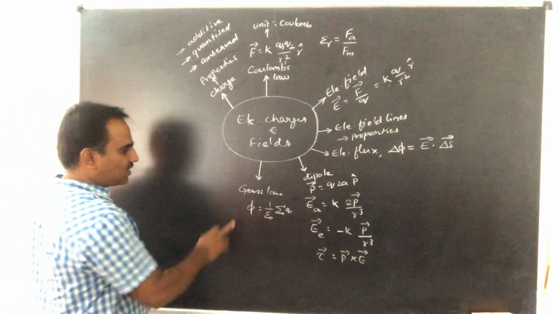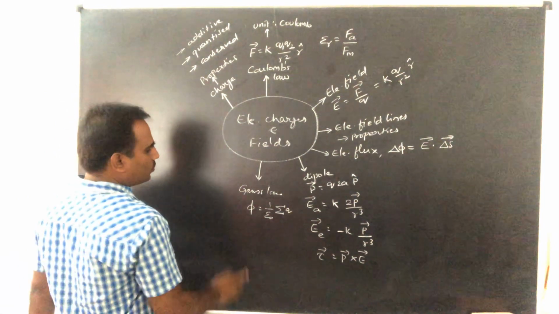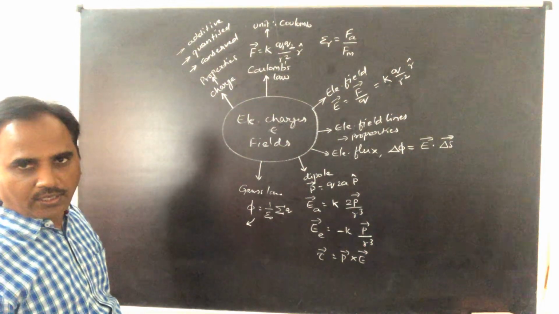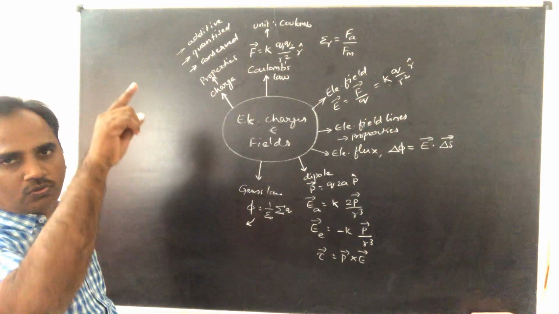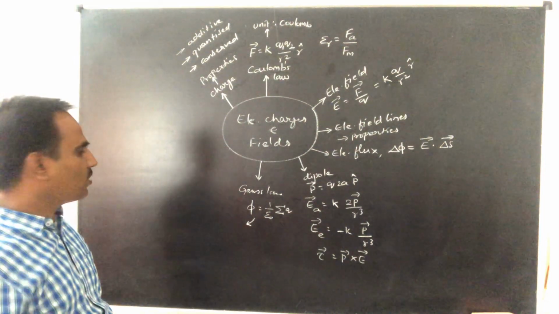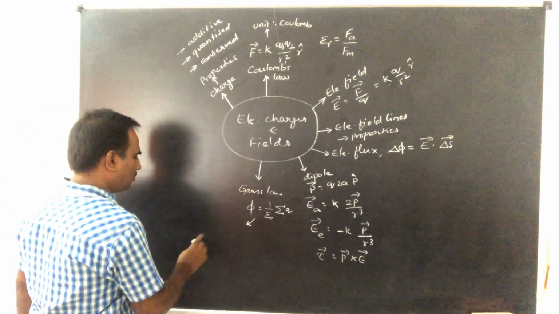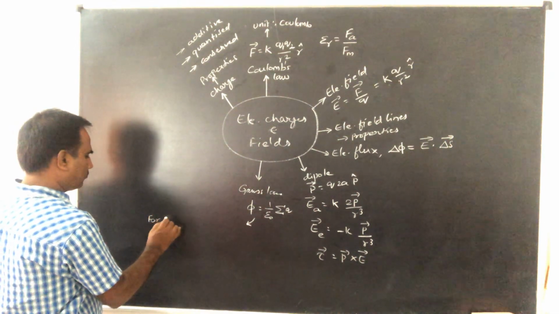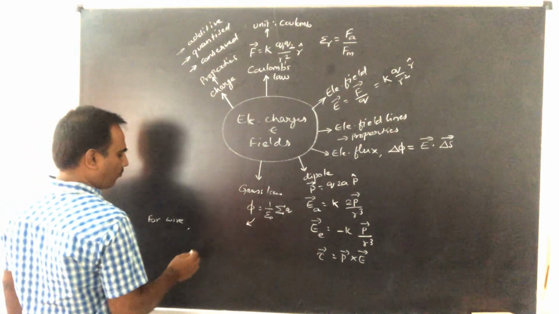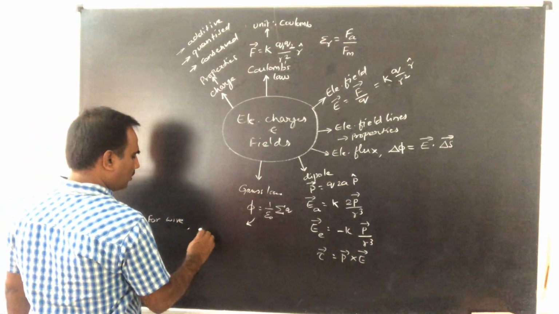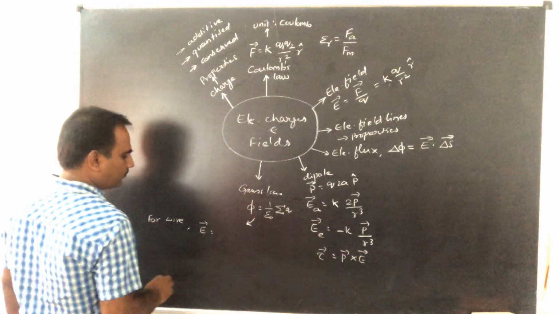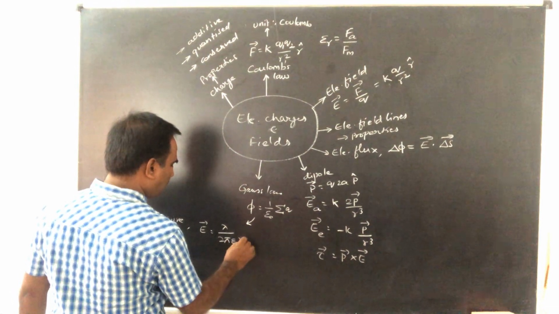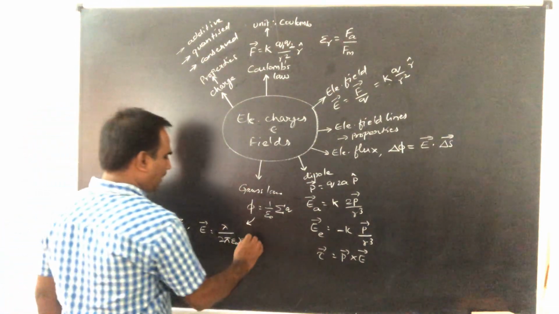Next, as an application of this Gauss law, you studied about the electric intensity at a point due to a uniformly charged infinitely long straight wire, which is for a wire, this electric intensity is given by lambda divided by 2 pi epsilon naught r n cap.